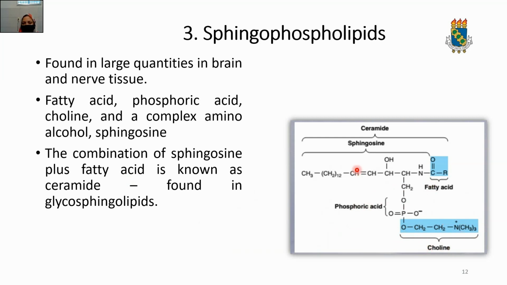So the sphingosine is the alcohol, this is the part, and this part is the fatty acid, and the combination of the fatty acid with the sphingosine is basically called the ceramide, and it is found mostly in the glycosphingolipids.